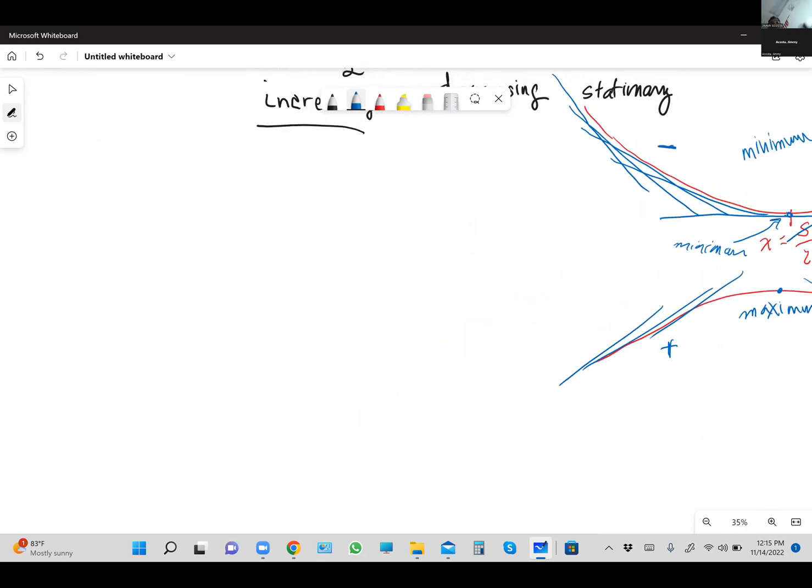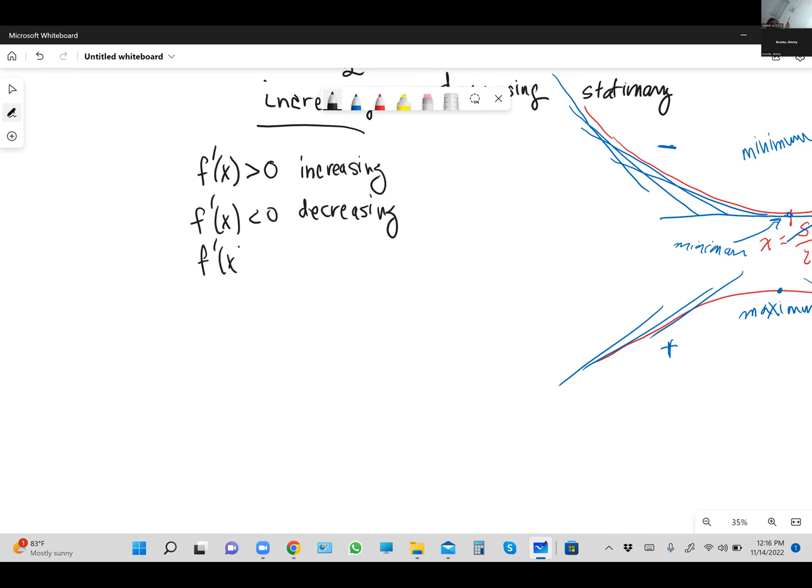So just to put the rules together, if f prime of x is greater than 0, it's increasing. If f prime of x is less than 0, it's decreasing. If f prime of x equals 0, we have a stationary point.